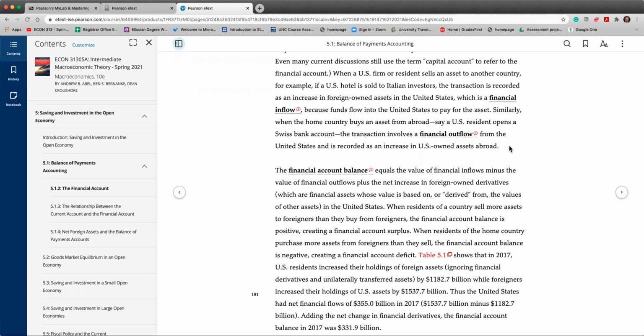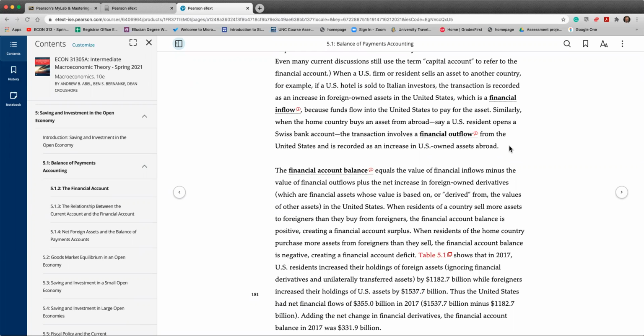When dollars are flowing into the US, somebody in another country is buying something from the US, and we're selling something. It could be goods and services in the current account, or it could be a private stock in a company, or a US Treasury bond.